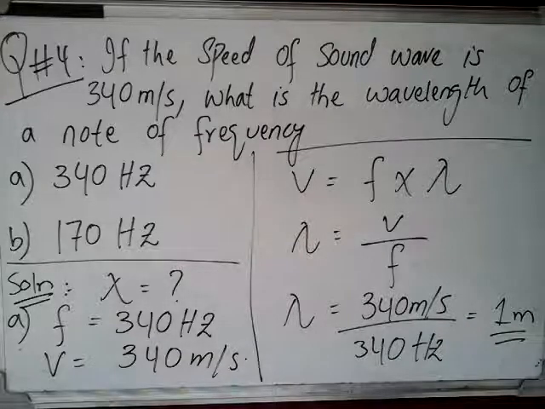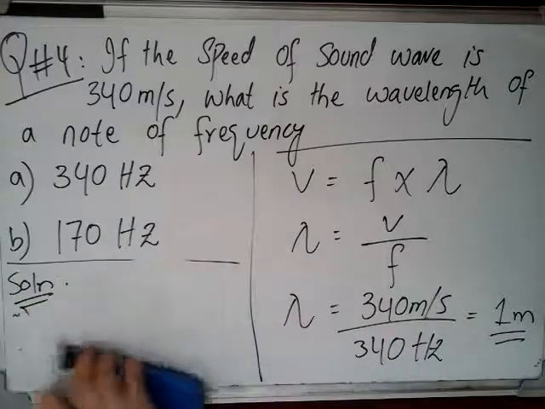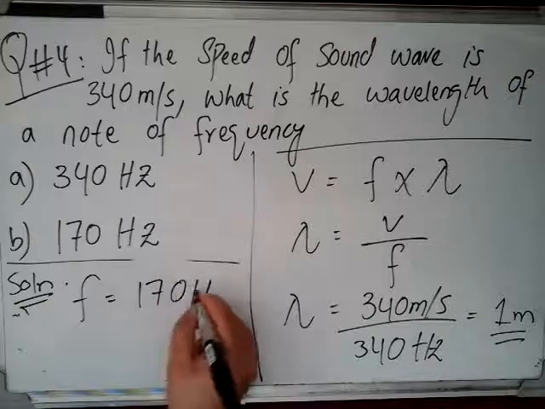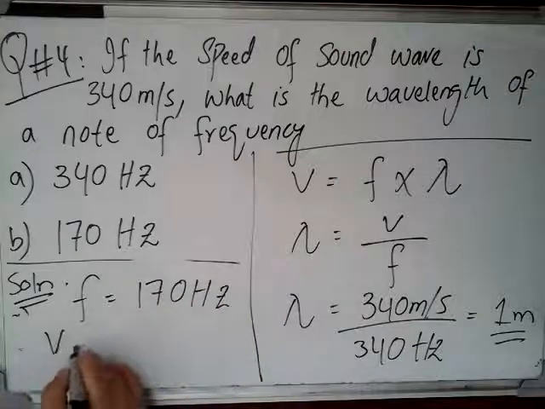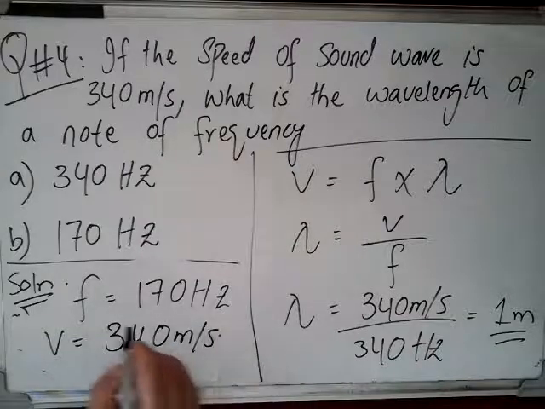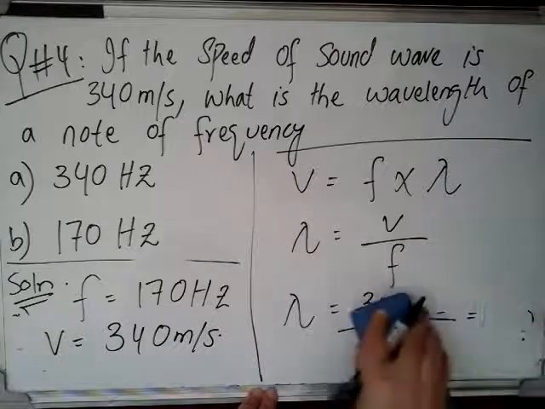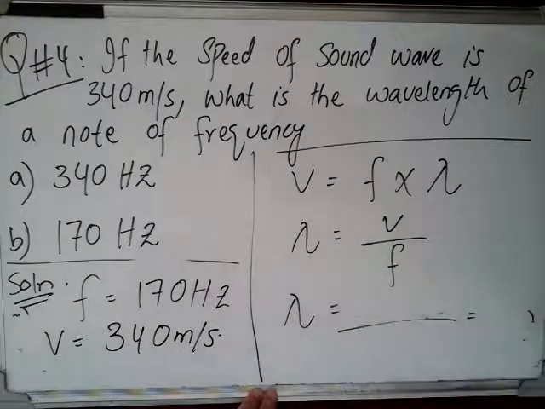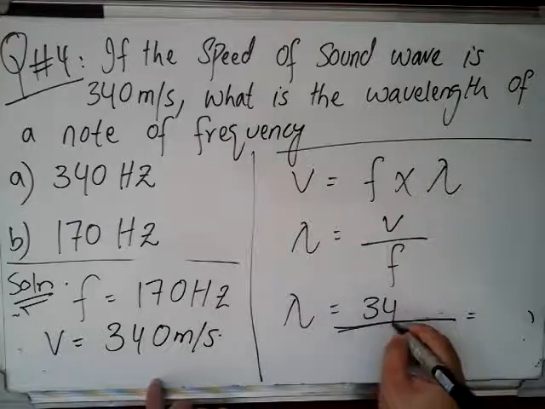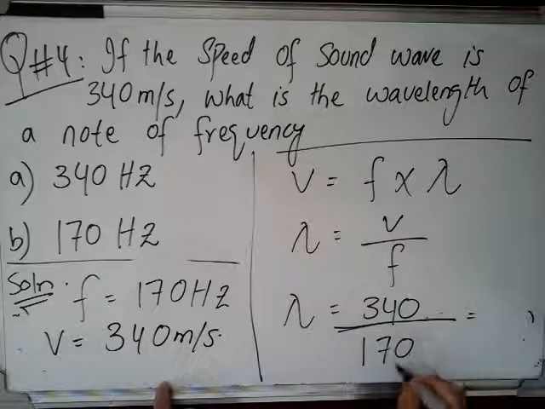Now the second part. Here the frequency is 170 hertz, and as the speed is the same in both cases, 340 meter per second, we will just put the values of part B. So the speed is 340 and the frequency is 170.